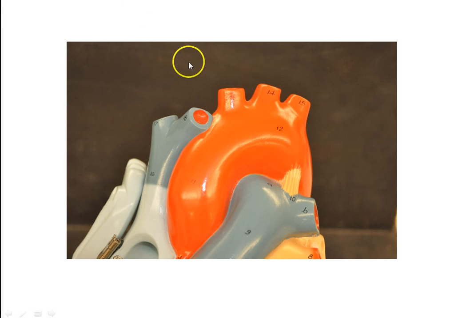Branching up to the head is the right common carotid. With your carotids and your subclavians, you need to know right and left. So brachiocephalic branches into the right subclavian, and branches to the head, to the right common carotid.